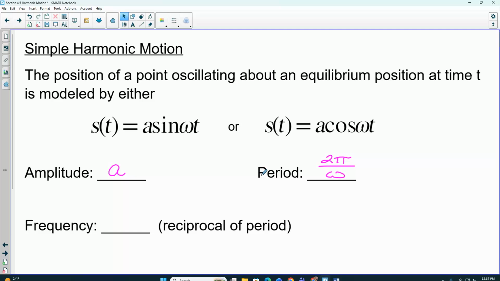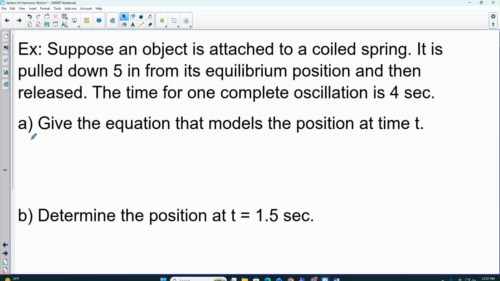Period is how long it takes to repeat. Frequency is how fast it is repeating, so it's just the reciprocal of your period. If I said it has a period of 4 seconds, it takes 4 seconds to do it, then the frequency would be 1/4 of a rotation per second. So they're just reciprocals. Those are really the only words that we're going to talk about in this.